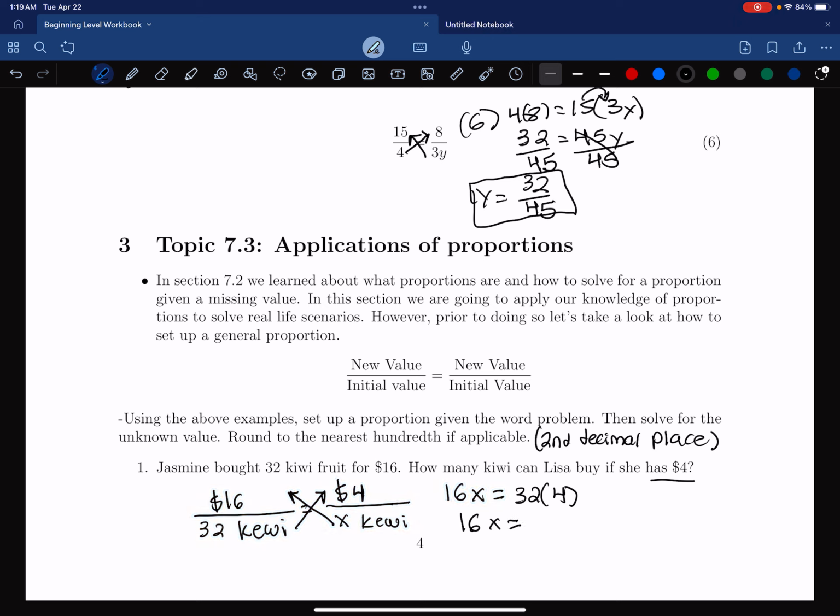So we're going to get 16x equals, and 32 times 4 is 128. And then we're going to divide both sides by 16 to get x on its own. You're going to get x equals 8 kiwi. And that's your final answer. Lisa can buy 8 kiwis with $4, given this original ratio.